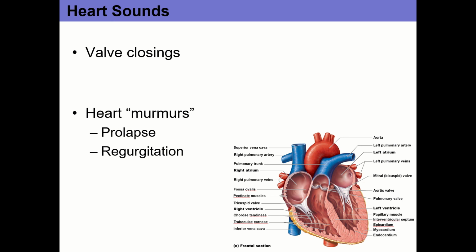And so that's allowing backflow, in the case of the mitral valve, from the left ventricle back into the left atrium. Sometimes you'll hear these murmurs described as a whooshing sound. As I mentioned, sometimes you'll hear it described as a clicking sound. But based on the particular sound, somebody with a really trained ear, so a cardiologist and even some GPs, is going to be able to have a pretty good idea of what might be going on.